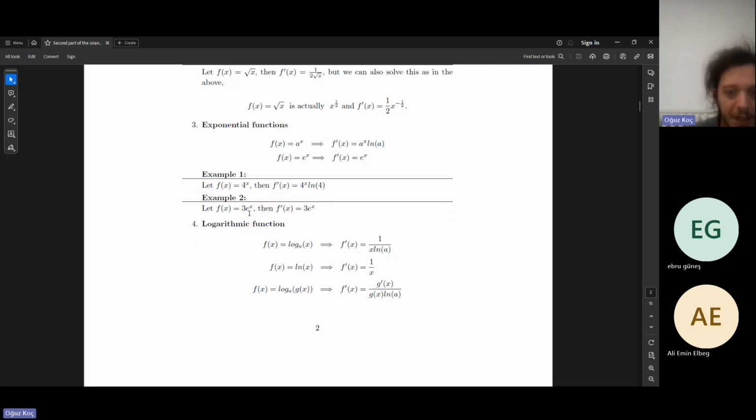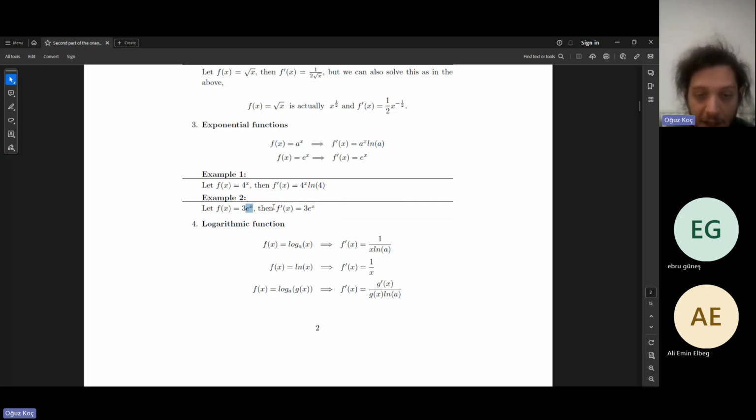And also we have e to the x, with a coefficient here of 3. If you take the derivative of it, we get it multiplied by the coefficient of the f function, which is 3, and then we get 3 e to the x.